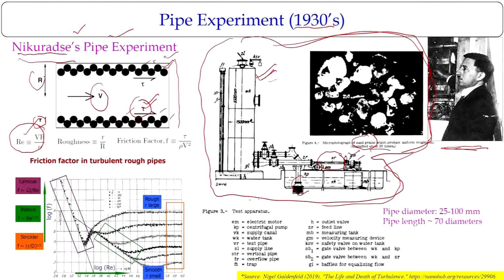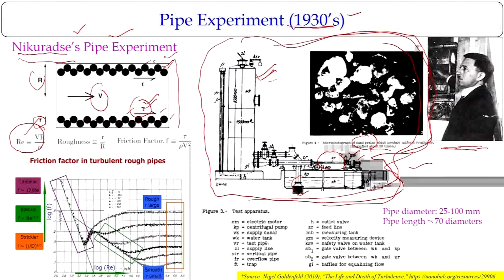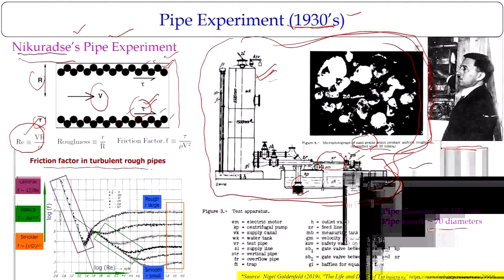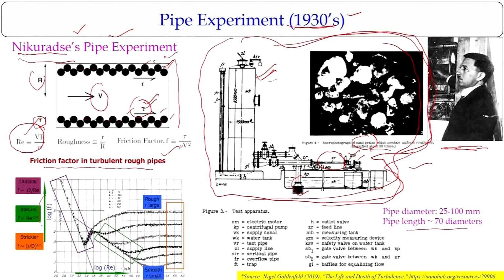As you can understand, this experiment was conducted in the 1930s, and it is quite remarkable that we got big relationships for turbulent rough pipes, between the friction factor and the flow Reynolds number. This gives us three regimes. One is if R is too large and the Reynolds number is too large, the friction factor is a function of R by D, that is, the roughness factor. When the flow is laminar, it is a function of the Reynolds number.